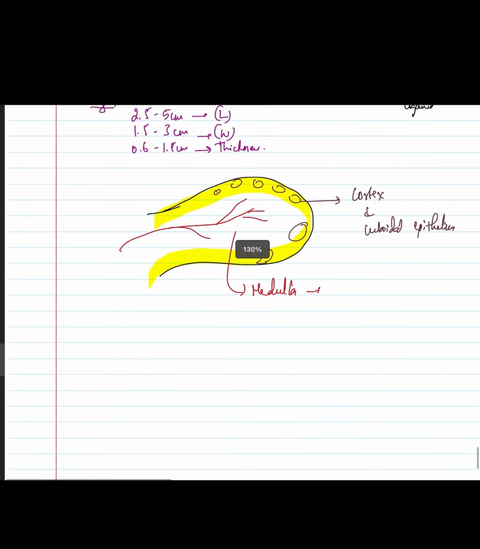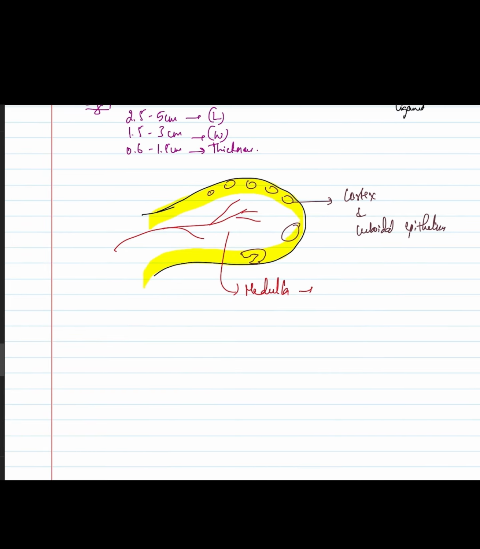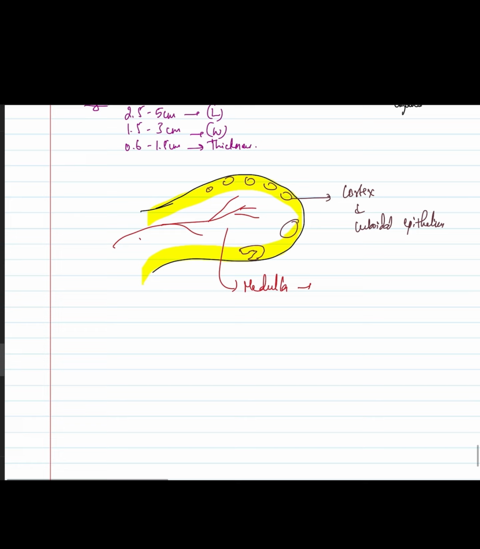Now coming to the supply of the ovary, it is supplied by the ovarian artery, which is a direct branch of the abdominal aorta, and the nerve supply is by the ovarian plexus, which is sympathetic. One more thing, as I have told you, sympathetic and parasympathetic. Sympathetic is your ovarian plexus.